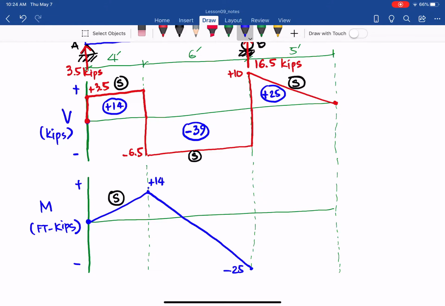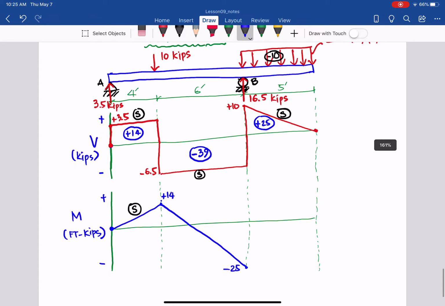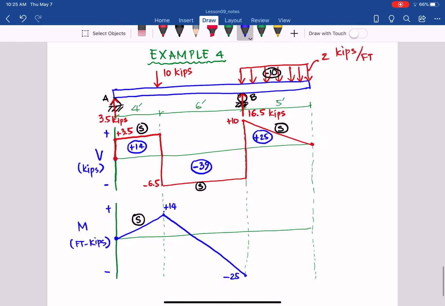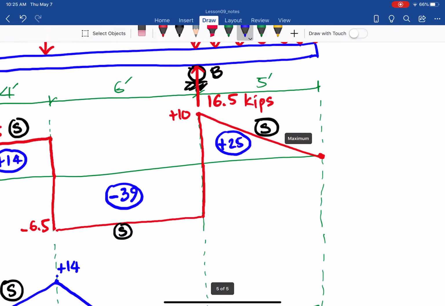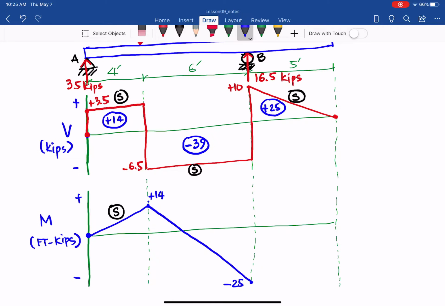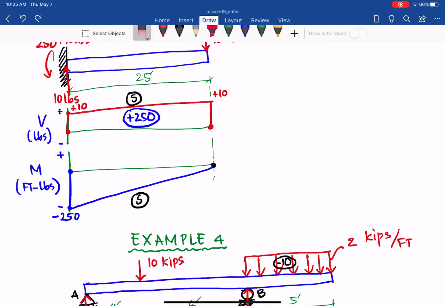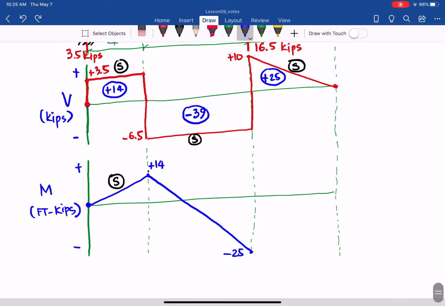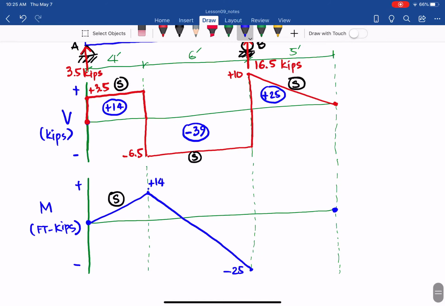And then the last one, from the roller B to the rightmost of the beam, the change in moment equals the area under the shear curve, plus 25. So negative 25 plus 25, that has to be 0. That's good. We are on the right track.